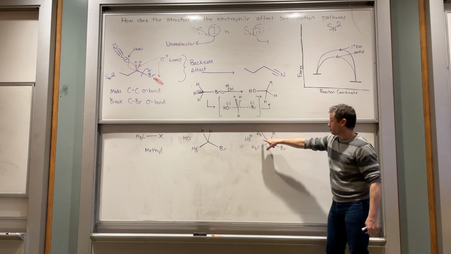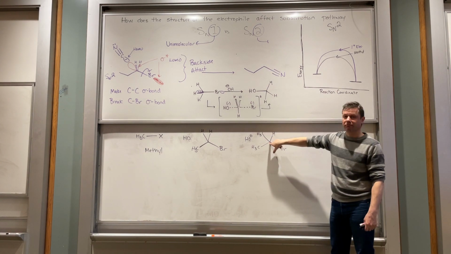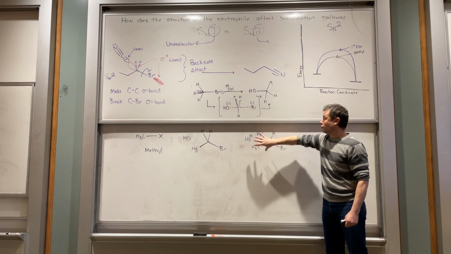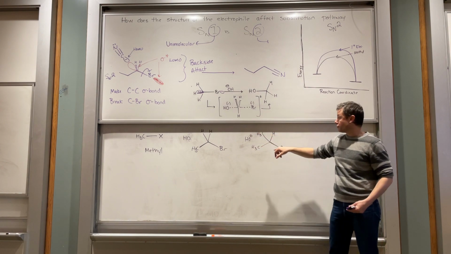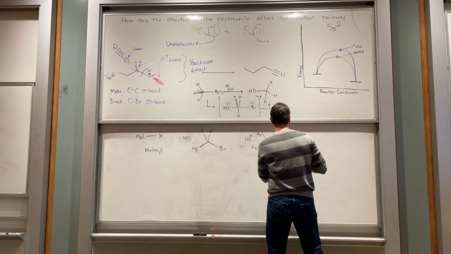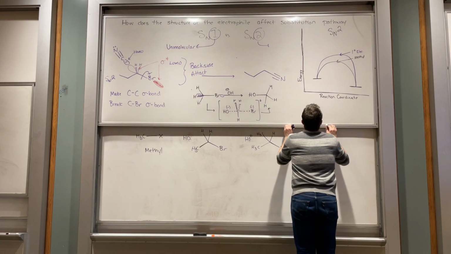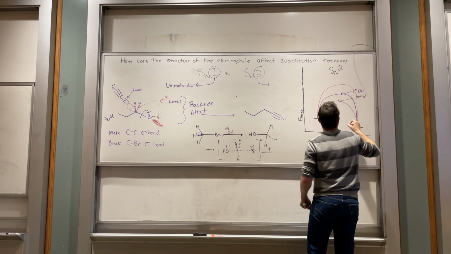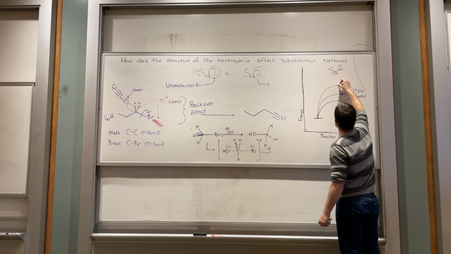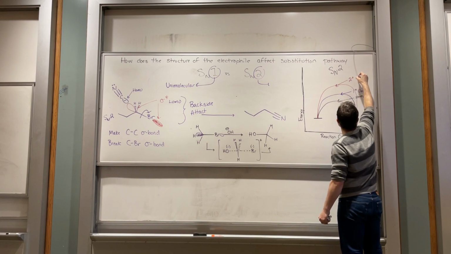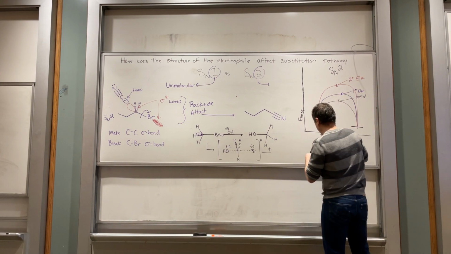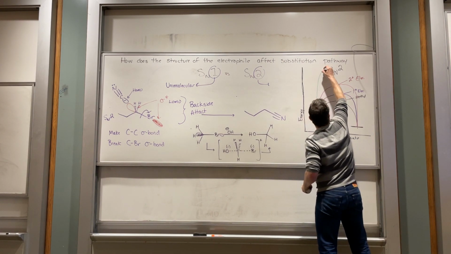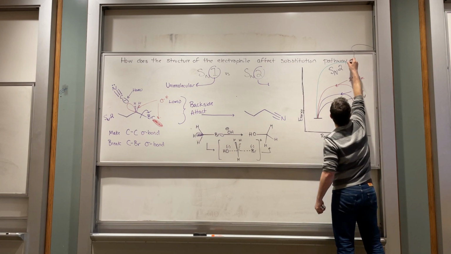We're putting even more stuff around that center that the nucleophile needs to interact with. So it's going to take more energy for it to maneuver past those methyl groups and actually interact with the antibonding orbital. So that would be an even higher activation energy. And hopefully you can rationalize that the tertiary electrophile is going to be even higher.